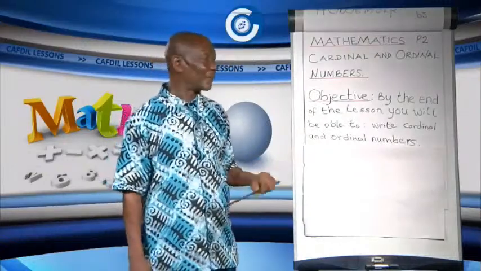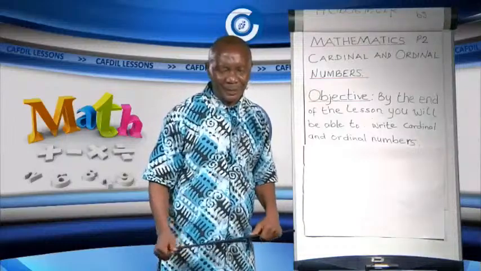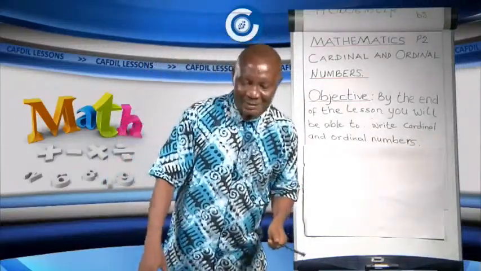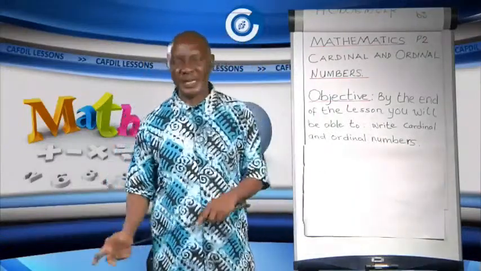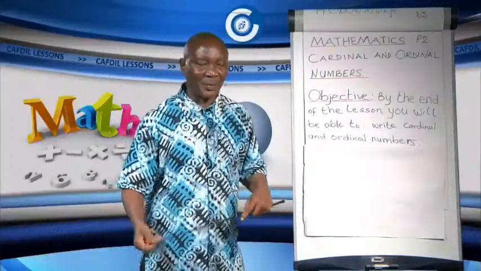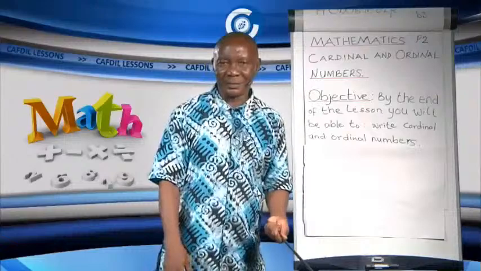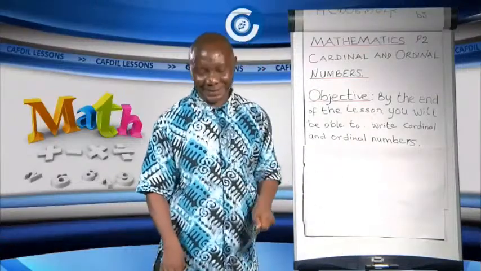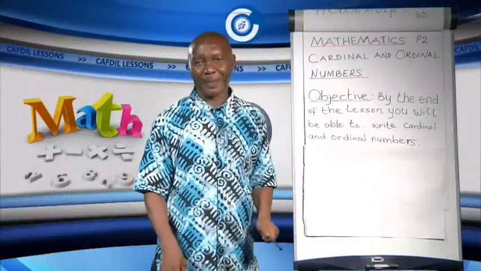Now we begin with cardinal numbers. Cardinal numbers answer questions like how many. For example, how many sisters do you have? I have 7 sisters. So 7 is a cardinal number.